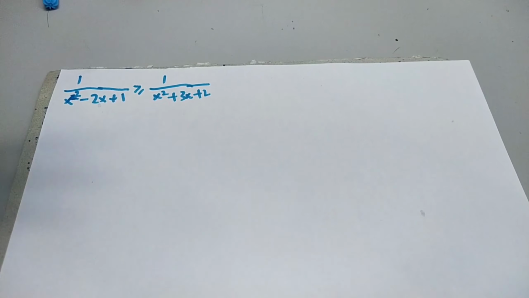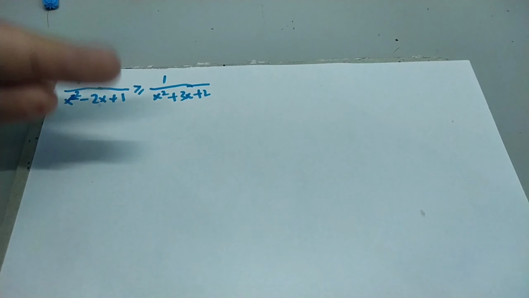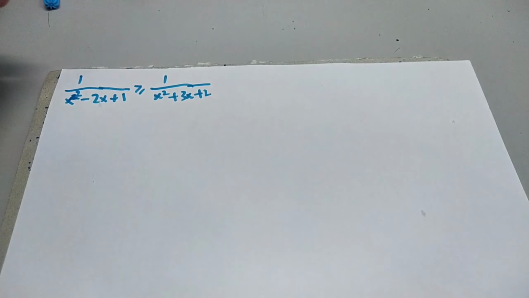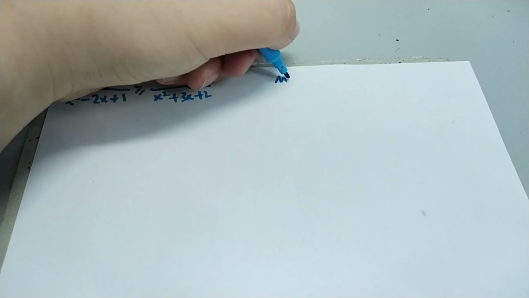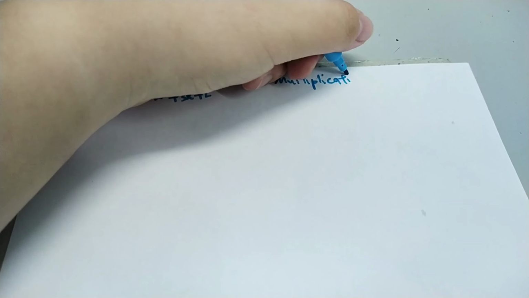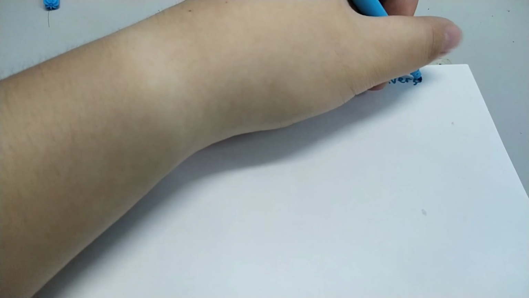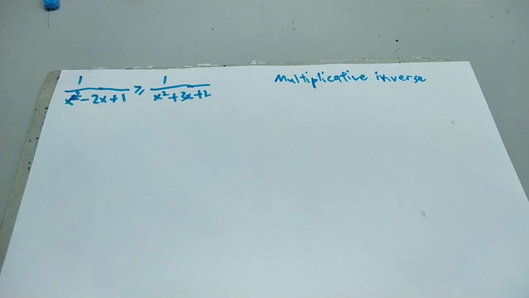So what is multiplicative inverse? Multiplicative inverse is basically another property of inequality, but it depends on the situation. It is like you just flip, but you need to be careful because it depends.